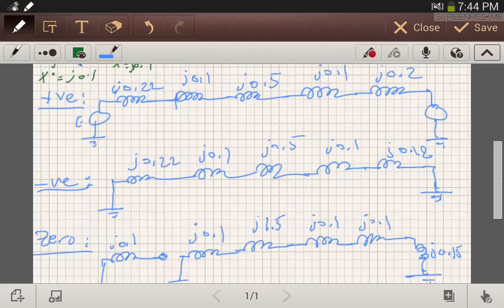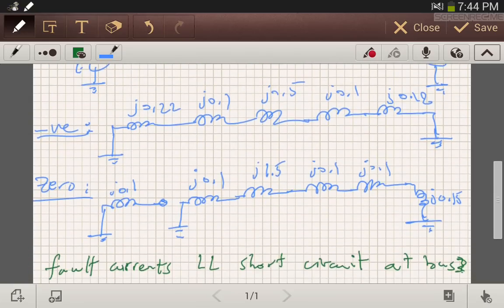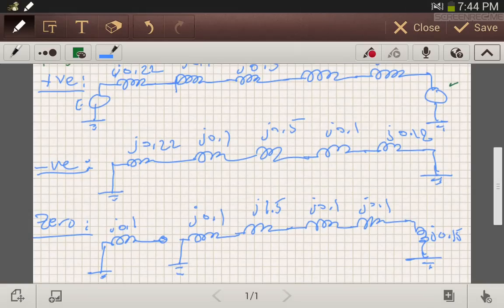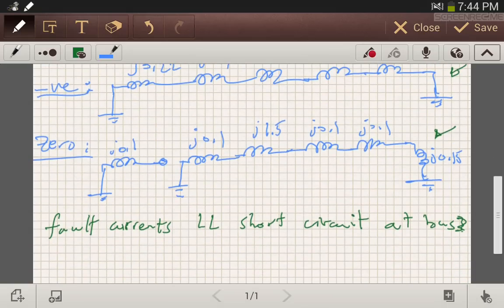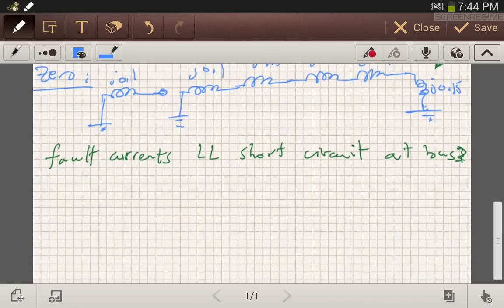So first of all, we have to find the Y bus of this one, Y bus of this one, and Y bus of this one, and then transform them into impedance, or we can find the Thevenin equivalent.